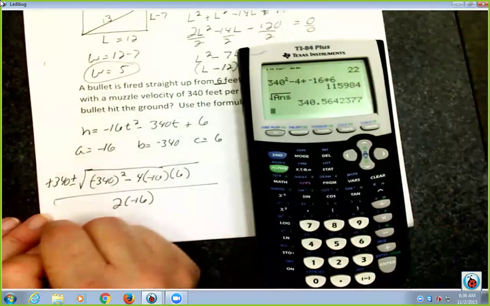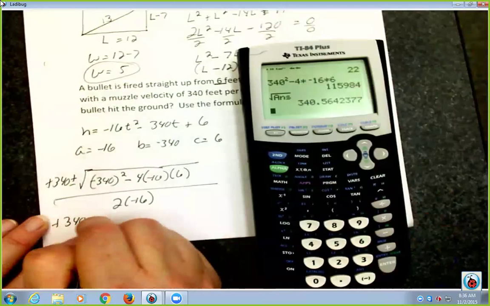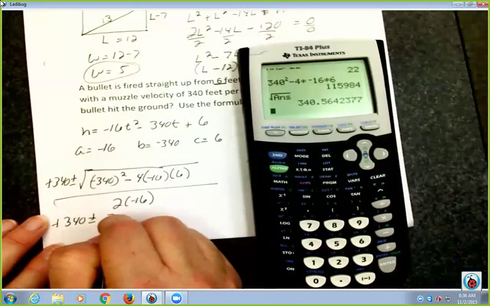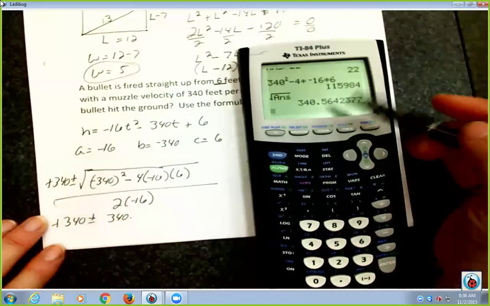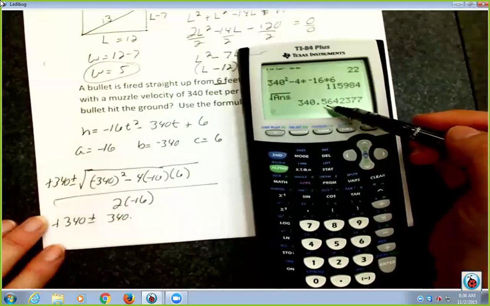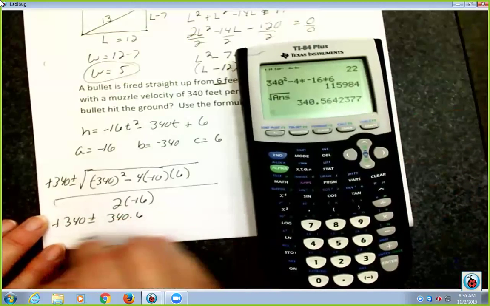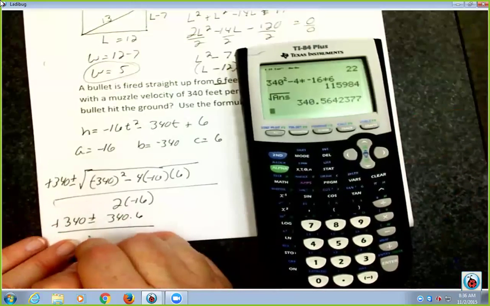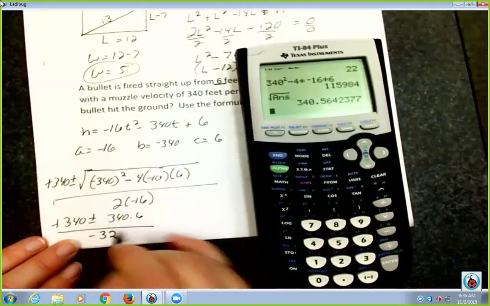340.564. So plus or minus 340.564, and we're going to round it off to the nearest tenth, so it's going to be 340.6 all over a negative 32.